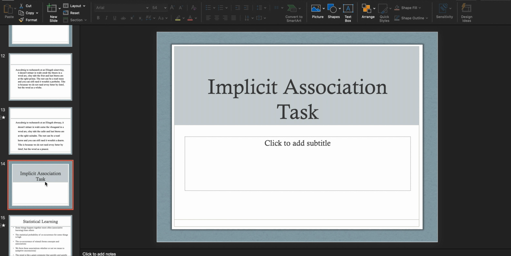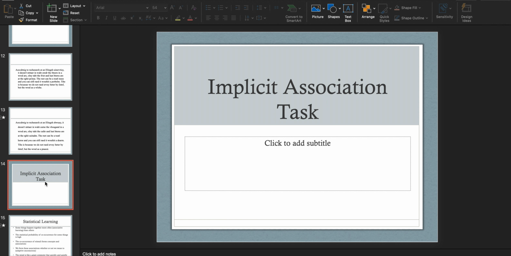But what this idea of statistical learning speaks to is that there's a lot of processing going on outside of our conscious awareness, outside of our conscious control. We may be attending to things, but it's not attention in this active way. It's not me choosing to select something from the world to be processed.